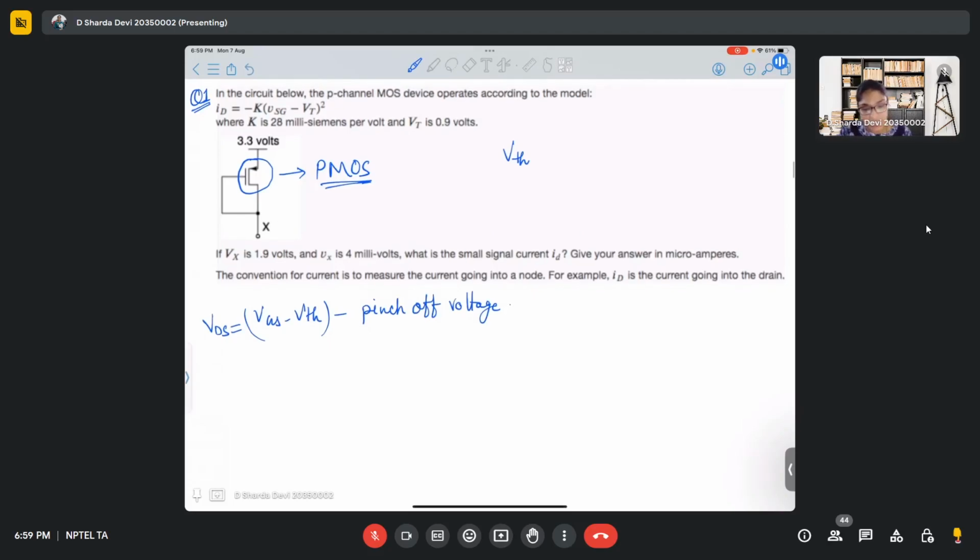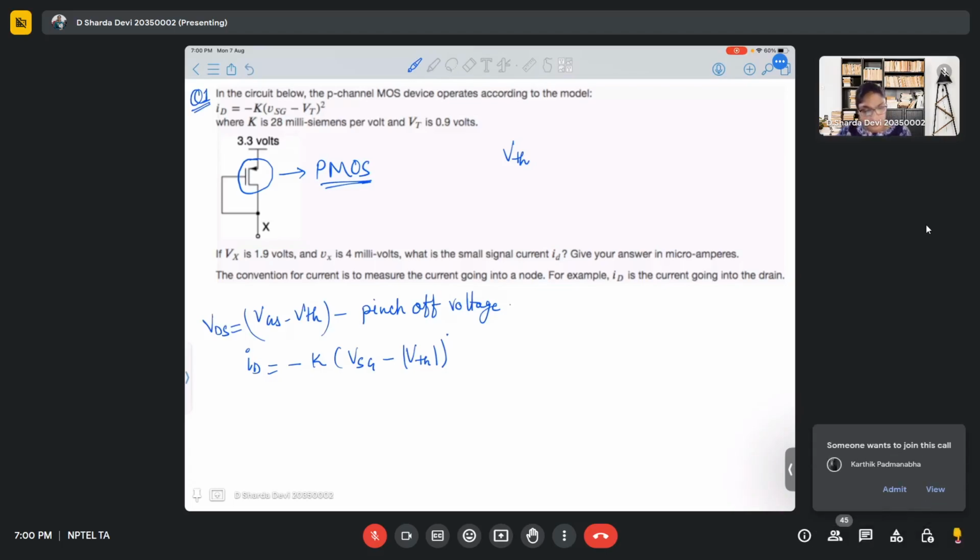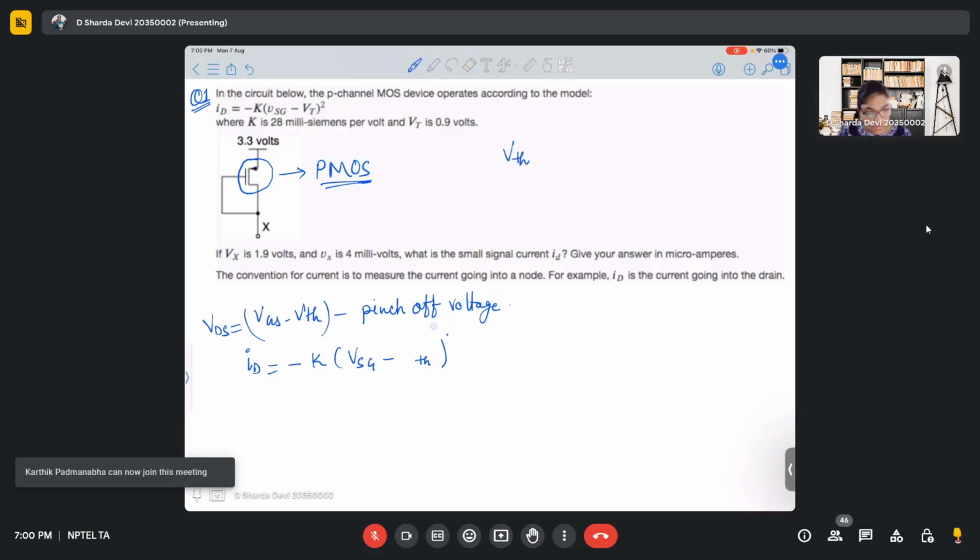In this problem, the ID formula has already been given: ID is minus K times (VSG minus VTH) whole square, with K being 28 millisiemens per volt.